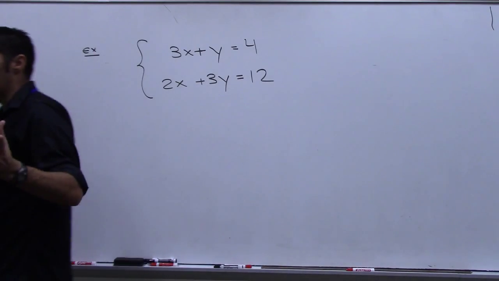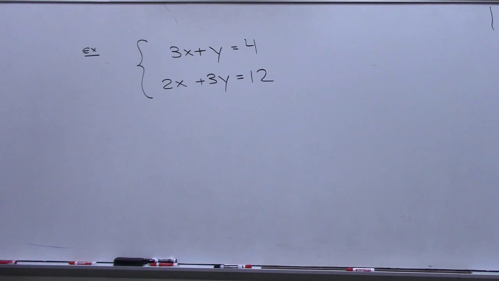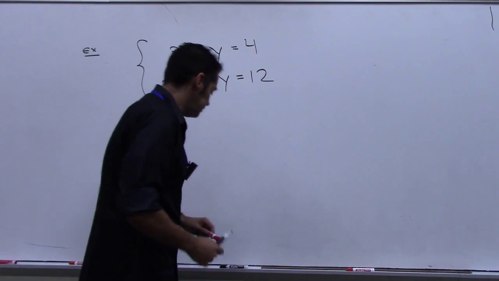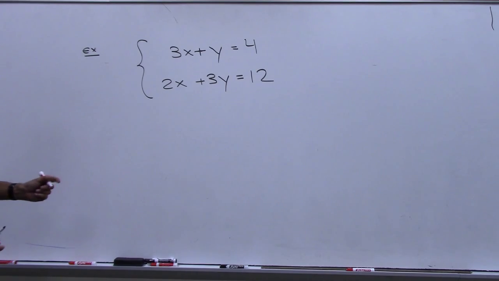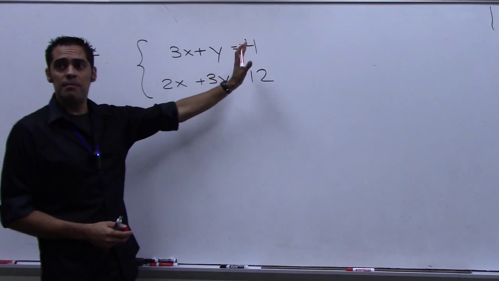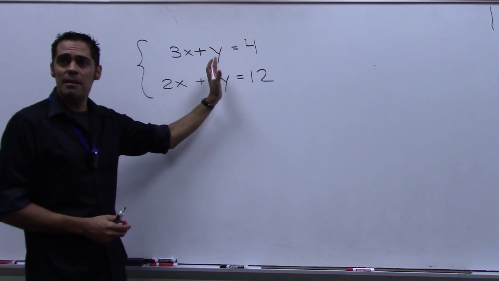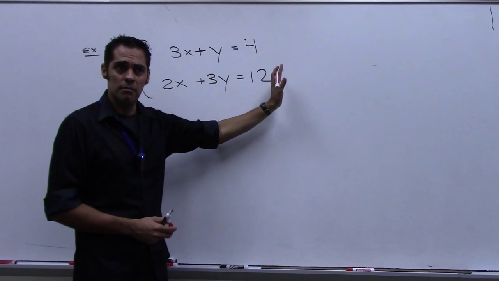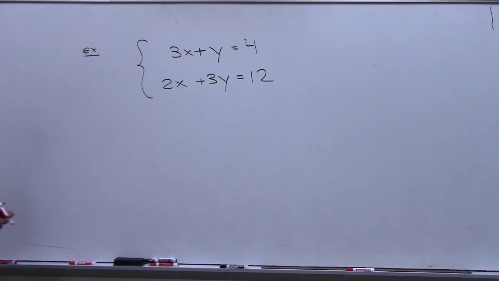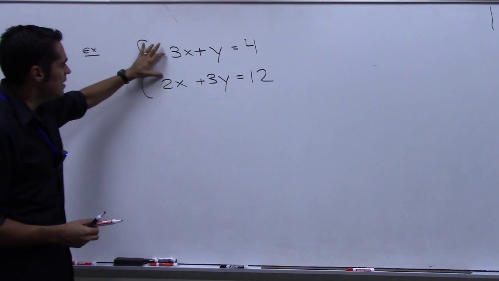I'm going to start doing it, and I'm going to ask you whether or not you agree with what I'm doing. Can I do it or not? First thing I'm going to do, make sure this is in proper order. So my x's are lined up, my y's are lined up, I have an equal sign, I've got a number. Once they're all lined up, I'm going to look at my x variables and my y variables separately. Look at the x's.